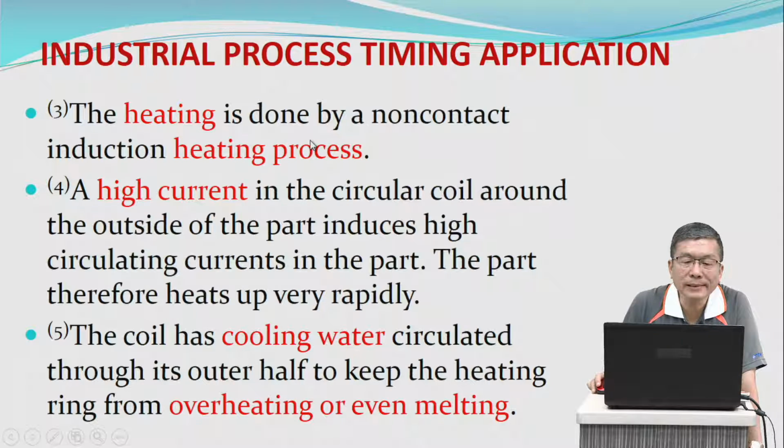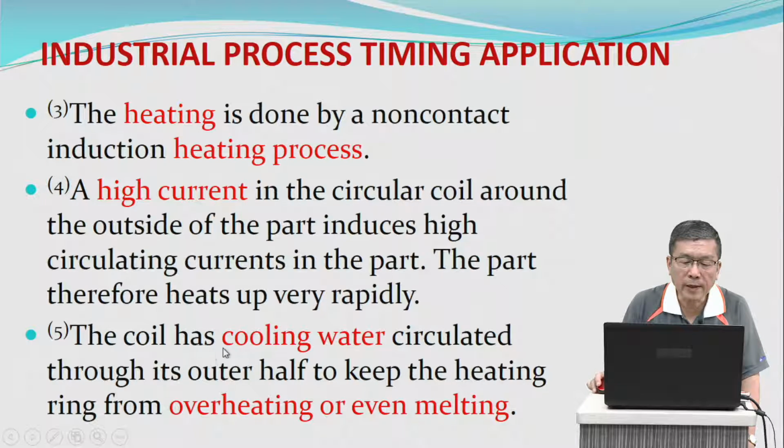The heating is done by a non-contact induction heating process. A high current in the circular coil around the outside of the part produces high circulating currents in the part. The part therefore heats up very rapidly.